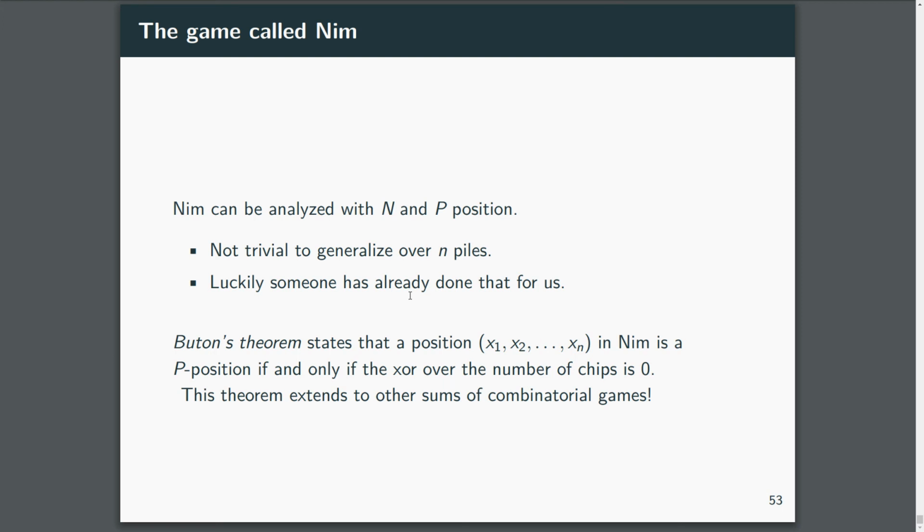There's also a principle known as the mex principle, minimum excluded value, and a thing called the Sprague-Grundy theorem. These are all very useful in combinatorial games. If you map your game to Nim, then it's often easier to solve from that point, because we know the solution to Nim. It's just using the XOR.